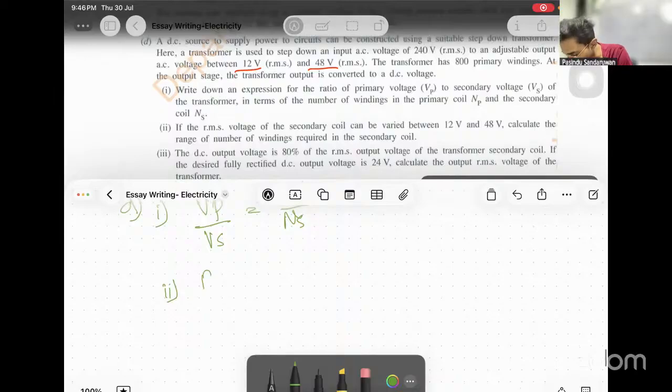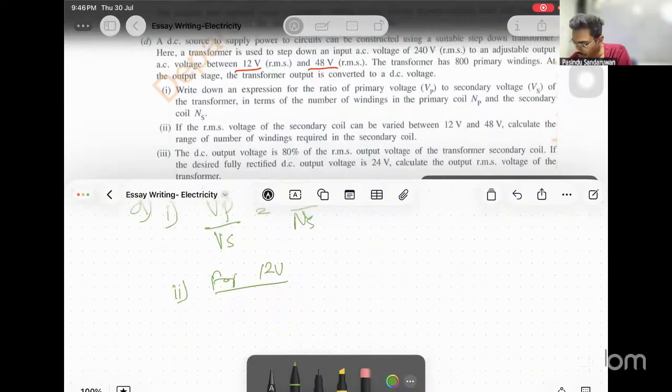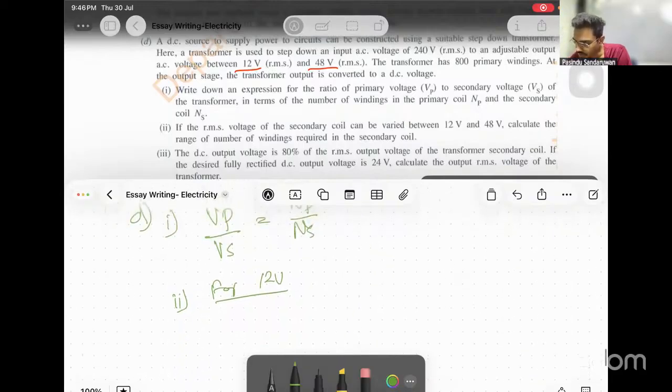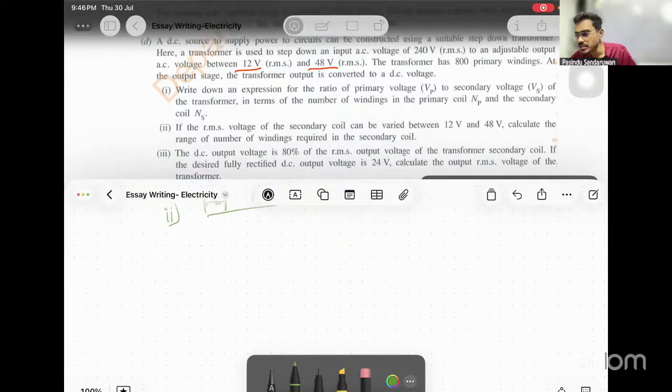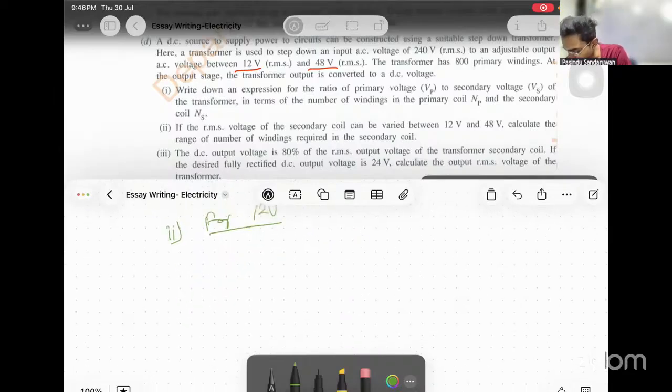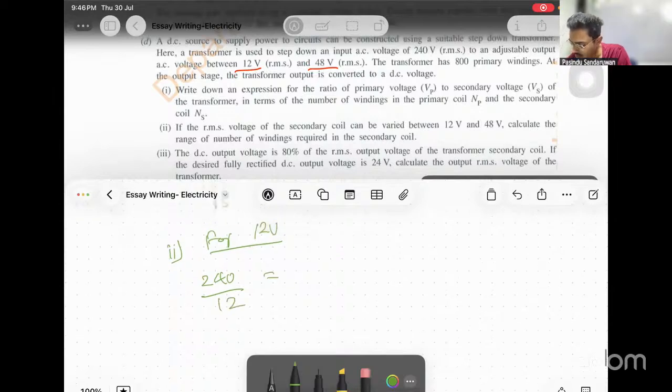Okay, for 12 volts, Vp over Vs, the primary voltage is 240. Then 240 over 12 equals 800 over Np.